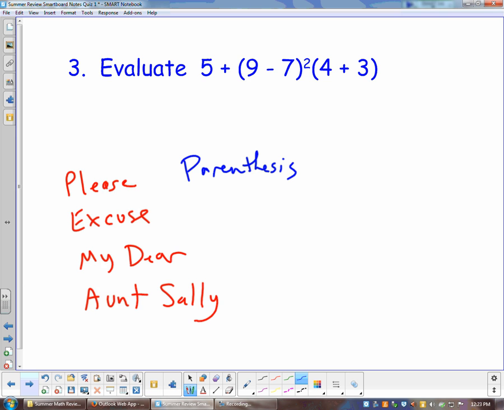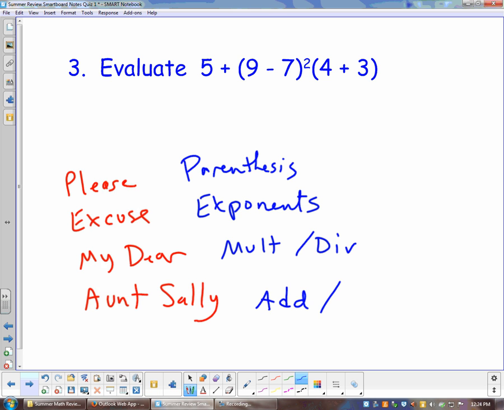The E in excuse stands for exponents. The M and D stand for multiplication and division. I put those right next to each other because they have equal priority as you're going from left to right. We would handle any multiplications or divisions in order from left to right. And then lastly, any additions or subtractions get handled, again with equal priority as you go left to right.